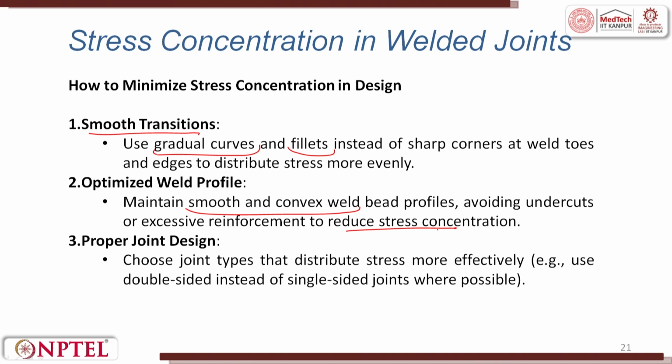Proper joint design. To avoid the abrupt changes in thickness, we choose joint types that distribute stress more effectively. For example, we use double sided instead of single sided joints wherever possible. And as I said, to avoid abrupt changes in thickness, we can provide taper.